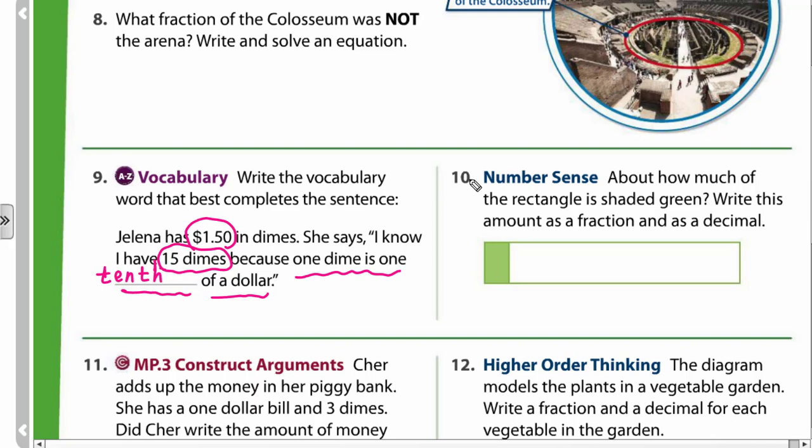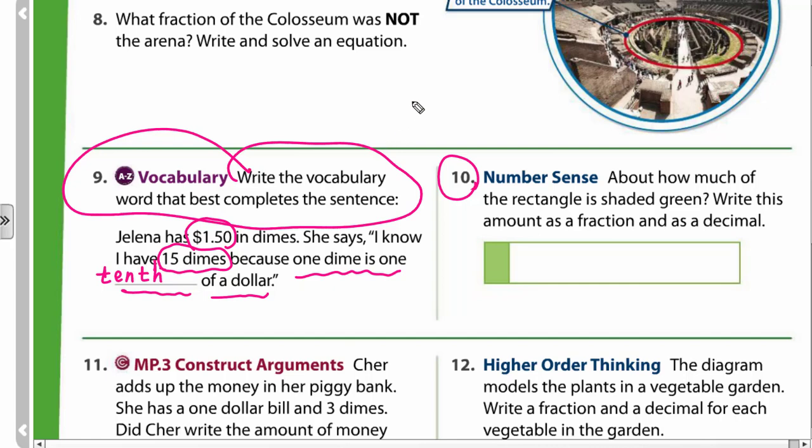And now, question number 10. Oh, we need to do something to know what this shaded part is. No, this is wrong, because in the question, read the question carefully.